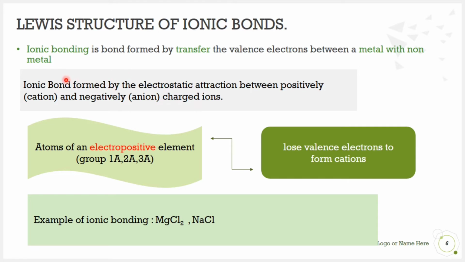Next, the Lewis structure of ionic bond. Ionic bonding is a bond formed by transfer of valence electrons between a metal and a non-metal.